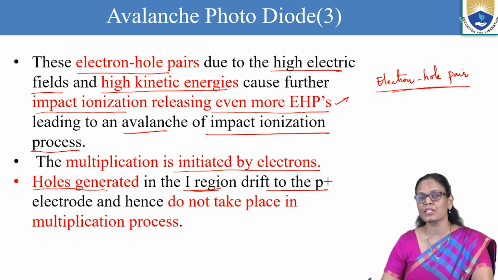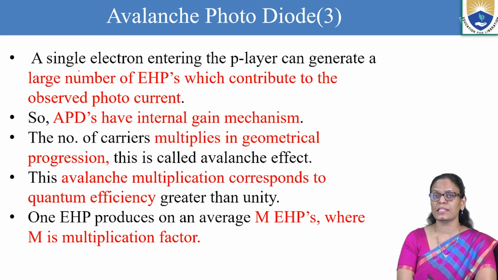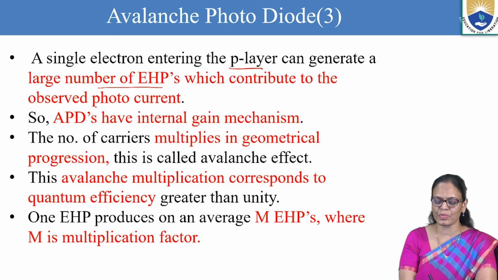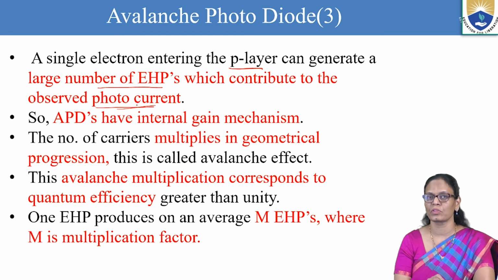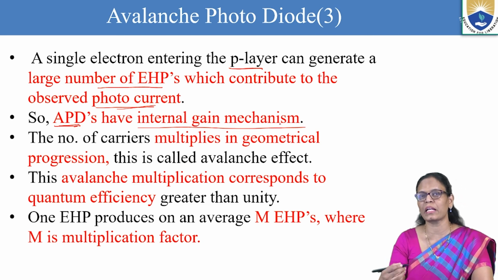So the multiplication is mainly due to the electrons. A single electron entering the P layer can generate a large number of electron hole pairs, which contributes to the photocurrent. So this avalanche photodiode has an internal gain mechanism, whatever is happening internally.